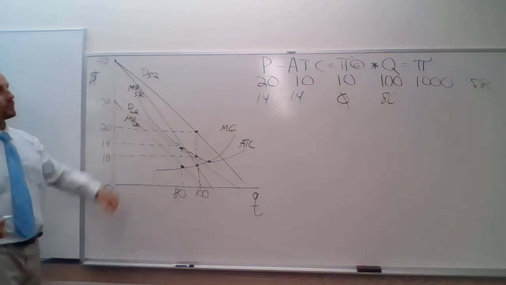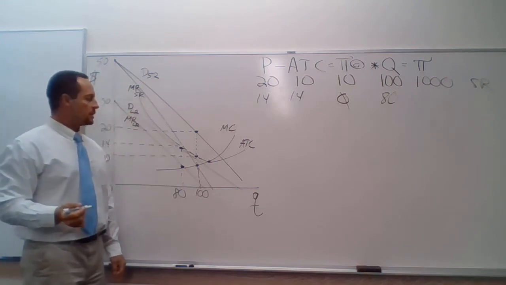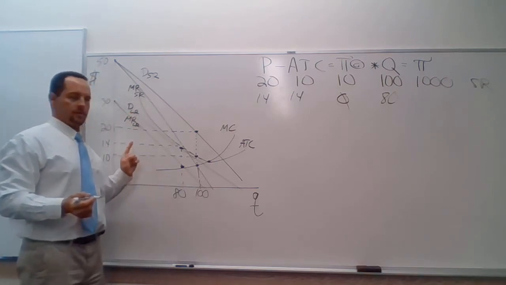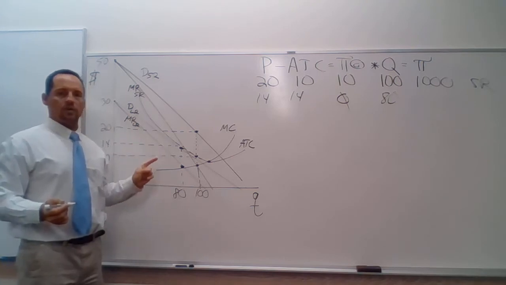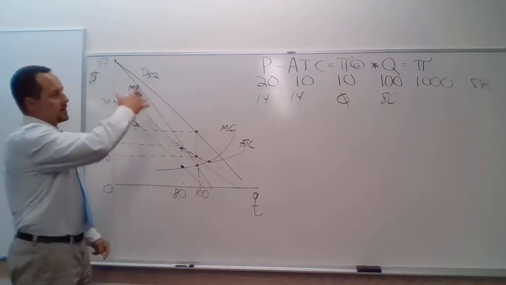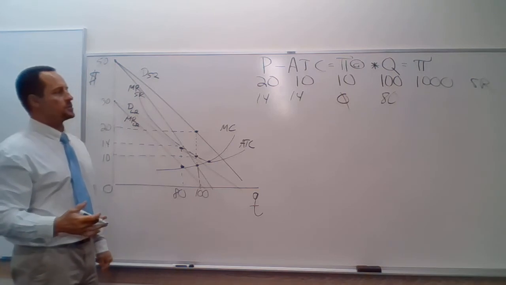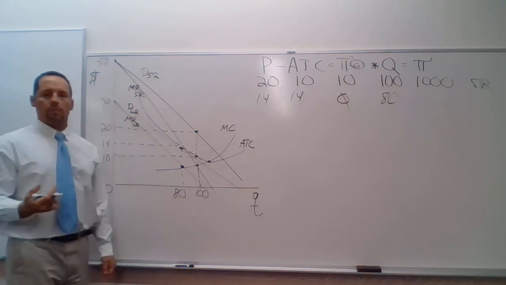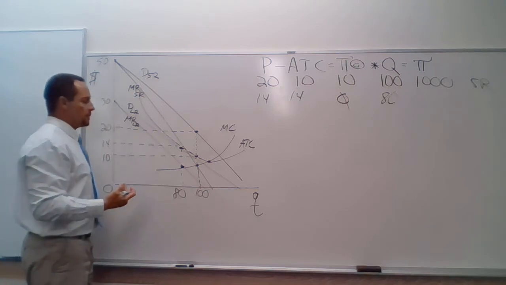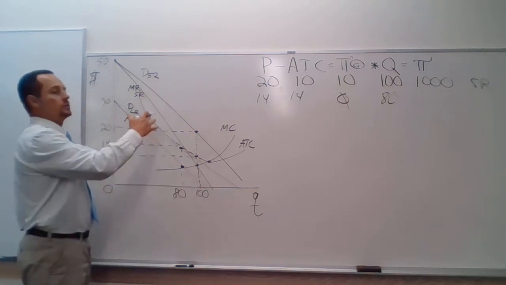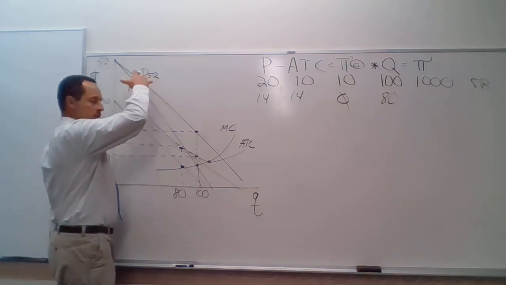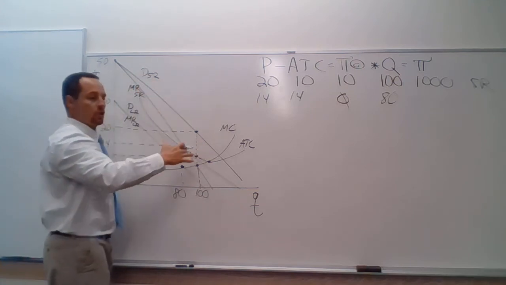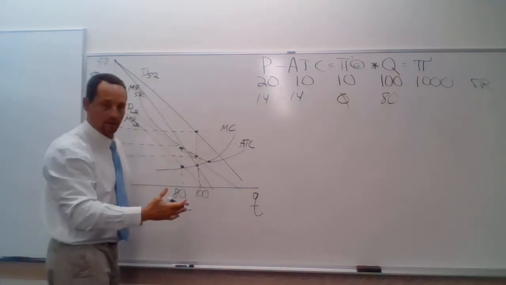A demand curve with a slope indicates that this firm is a price maker. A downward sloping demand curve means price maker. But to me, in the long run, a monopolistic competitor is a price taker. So if I didn't say that correctly, a demand curve with a slope is a price maker.